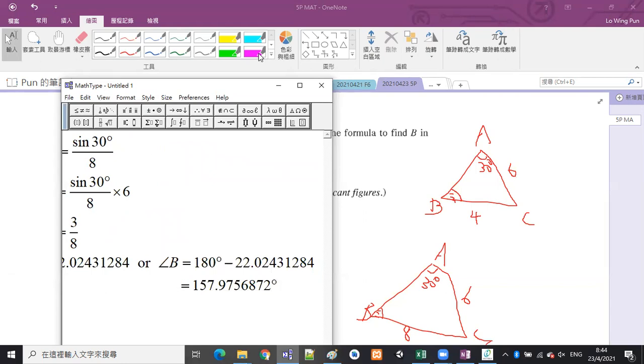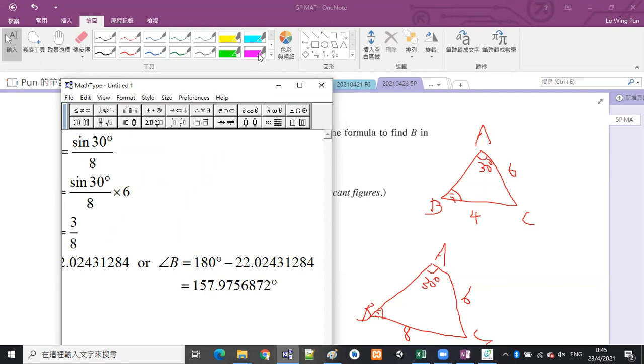Okay. And you need to check whether the larger angle is really okay. You need to add this angle with the given angle. It's 157 point something plus 30. It should be equal to 187 point something, right? It should be already larger than 180 degrees.